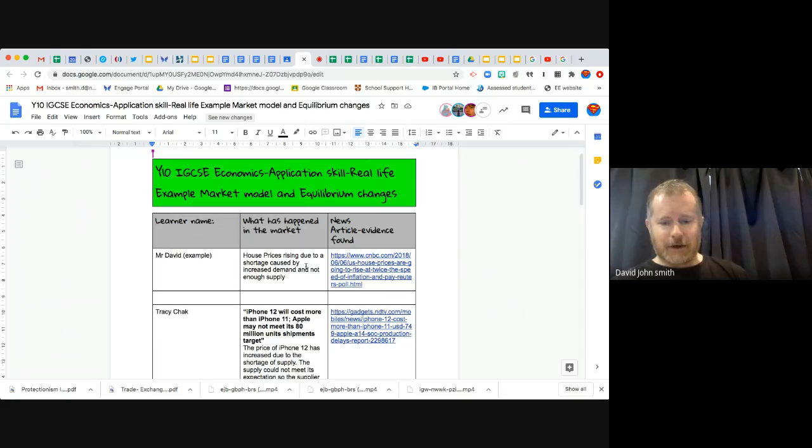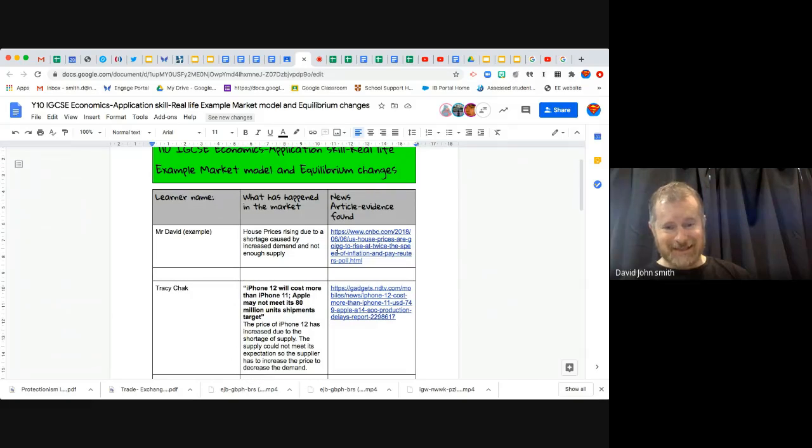My example is where house prices have risen due to a shortage caused by increasing demand and not enough supply. And this link is the hyperlink to the news article that I'm using as evidence for that.